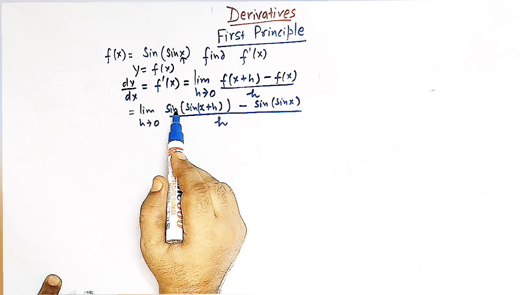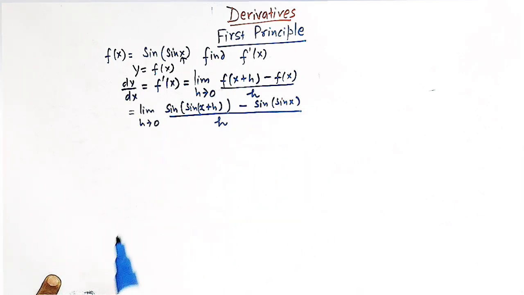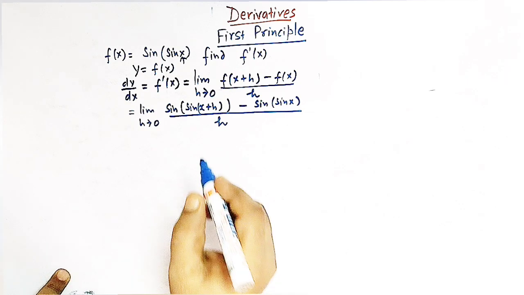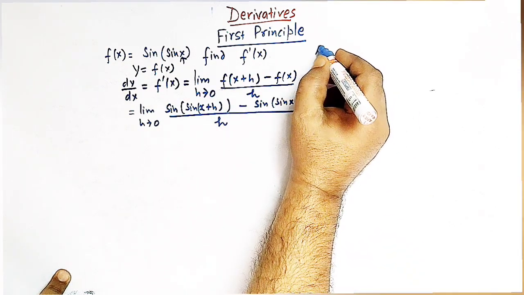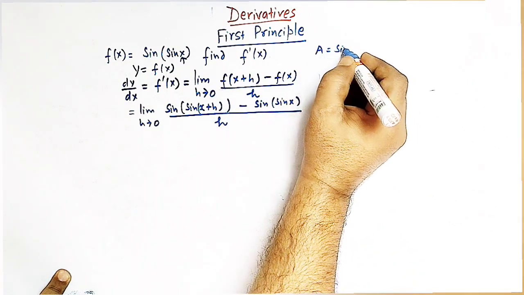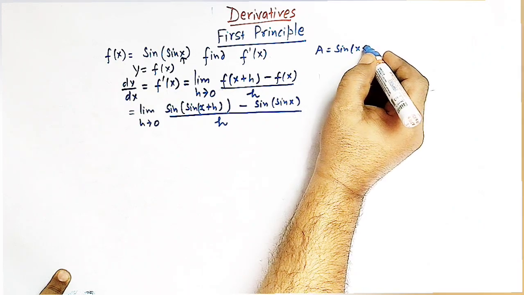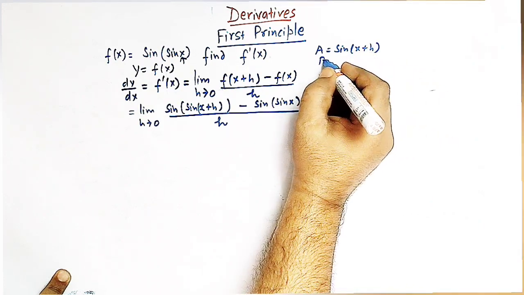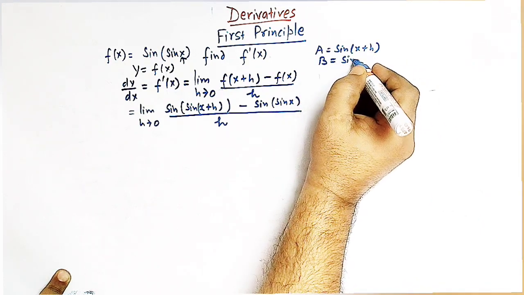Now to simplify the numerator, we can make use of an important identity from trigonometry, right? So if we take A is equal to sine of x plus h and B as sine of x.